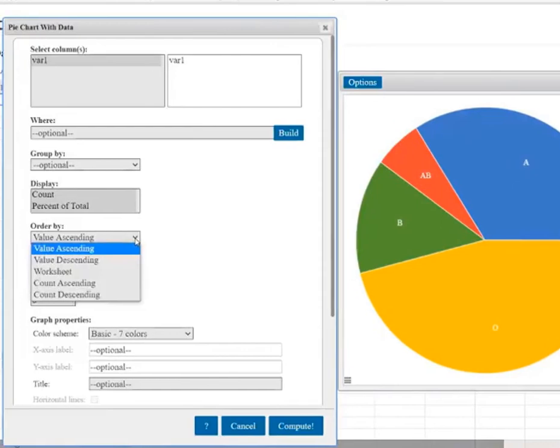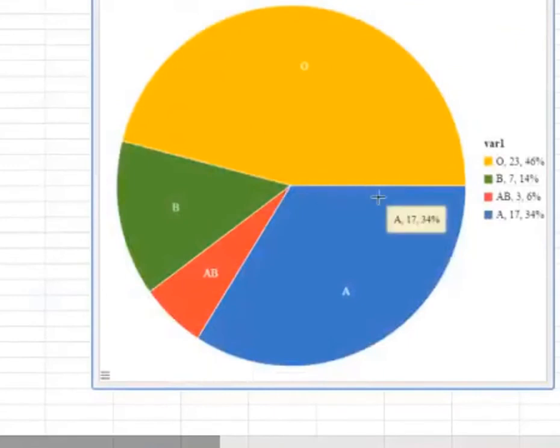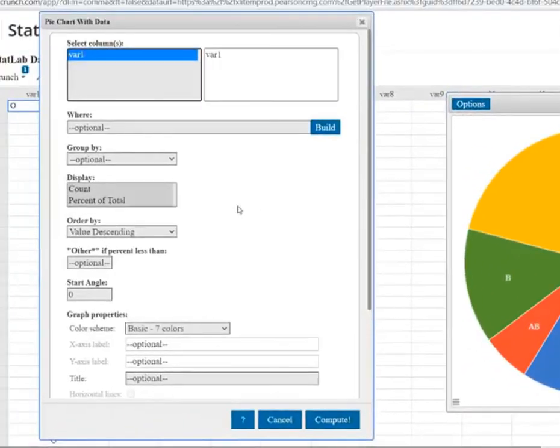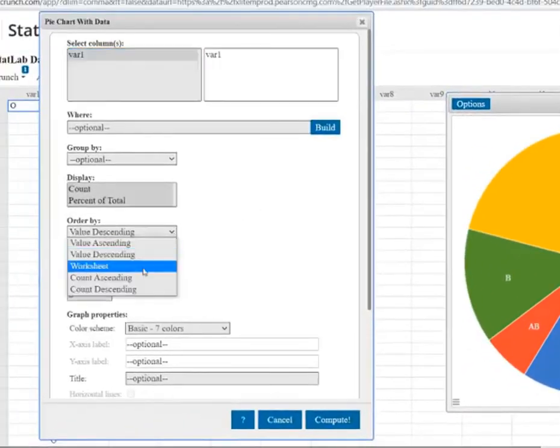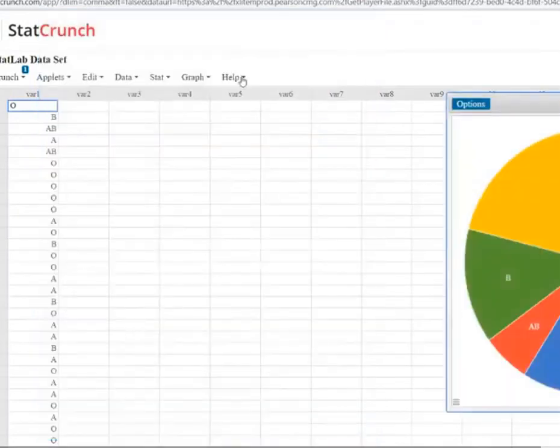If I choose something different there, if I choose values descending and recompute, now it put them in reverse alphabetical order. So it did O first, then B, then AB, then A. So I can change that. If I choose to go in the order in the worksheet, now what that means is this.